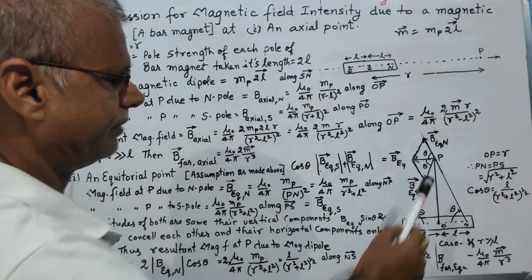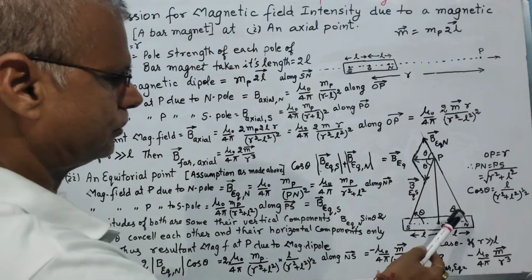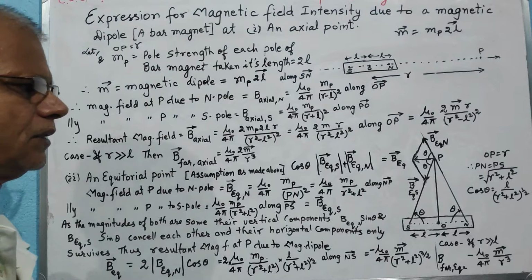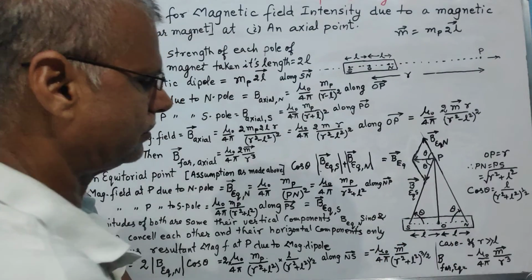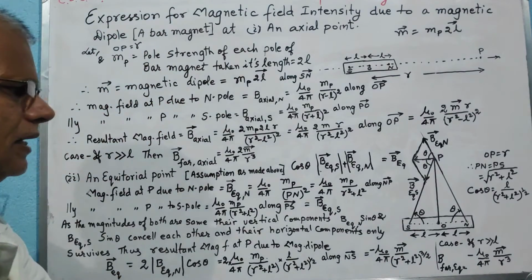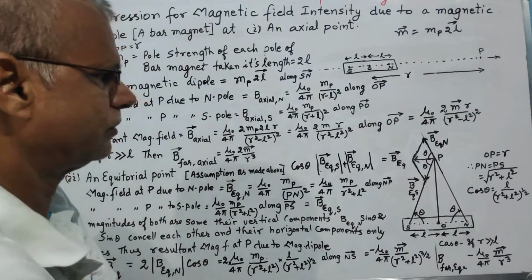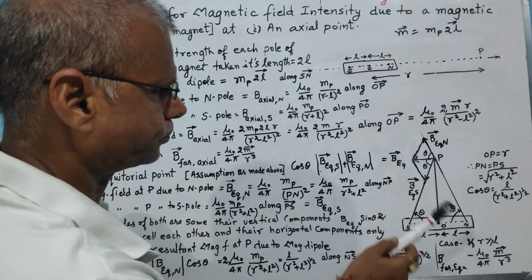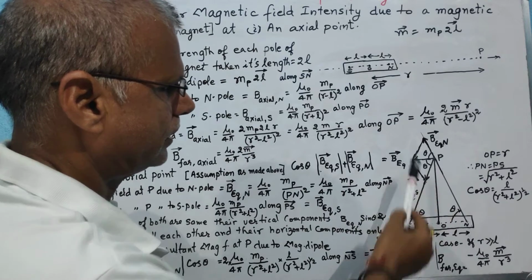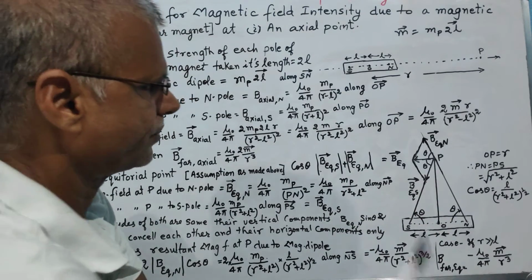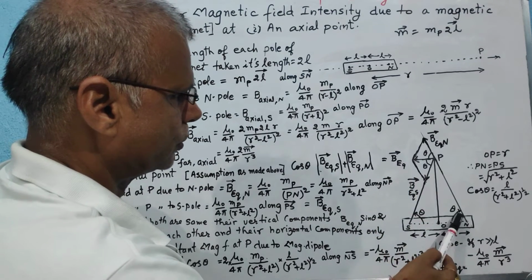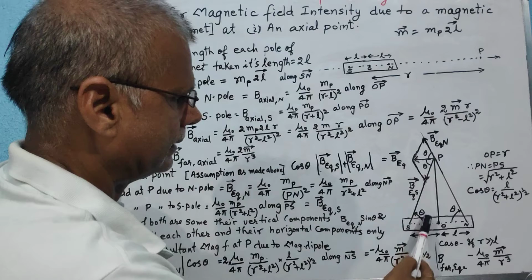So these have different directions, and you must notice that these two angles are equal, theta, because the two hypotenuses are equal. So the angles opposite to them must also be equal, and if one is theta, this would also be theta. Also, if you draw a horizontal line, the corresponding angles are equal and the alternate angles are equal.